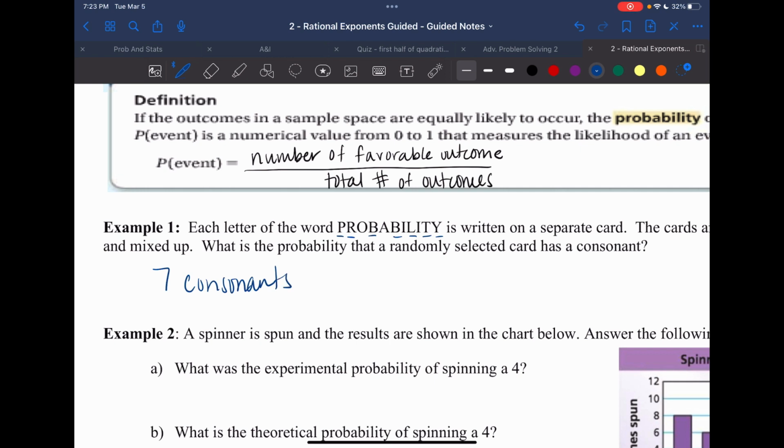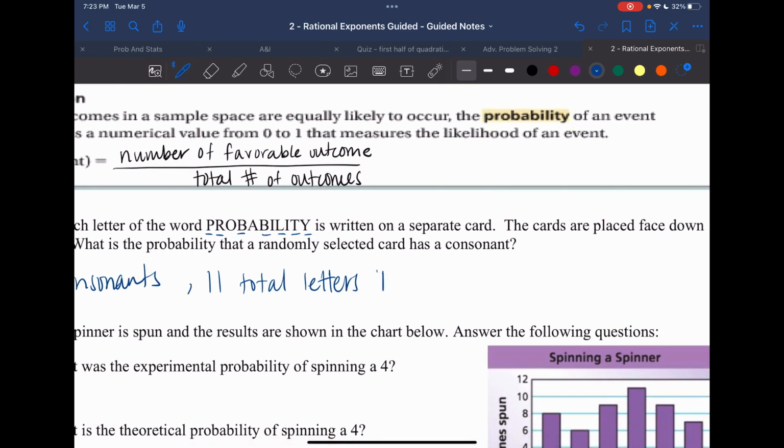Our total number of letters is 1, 2, 3, 4, 5, 6, 7, 8, 9, 10, 11 letters. So the probability that we pull a consonant is going to be equal to 7 over 11.